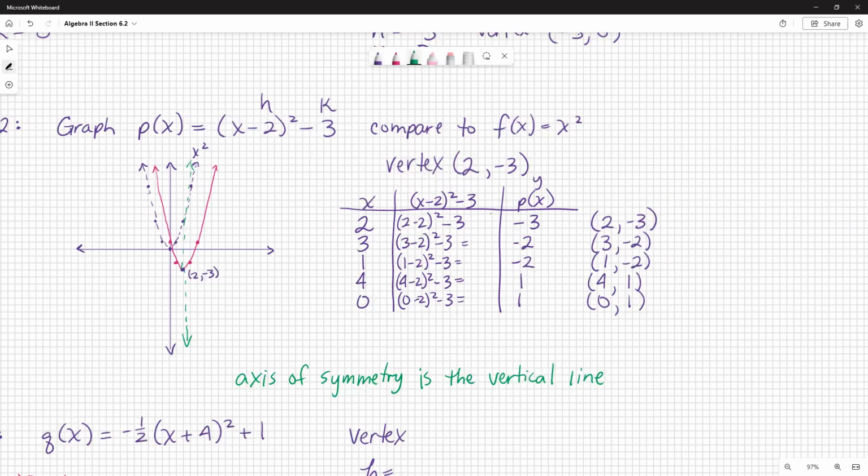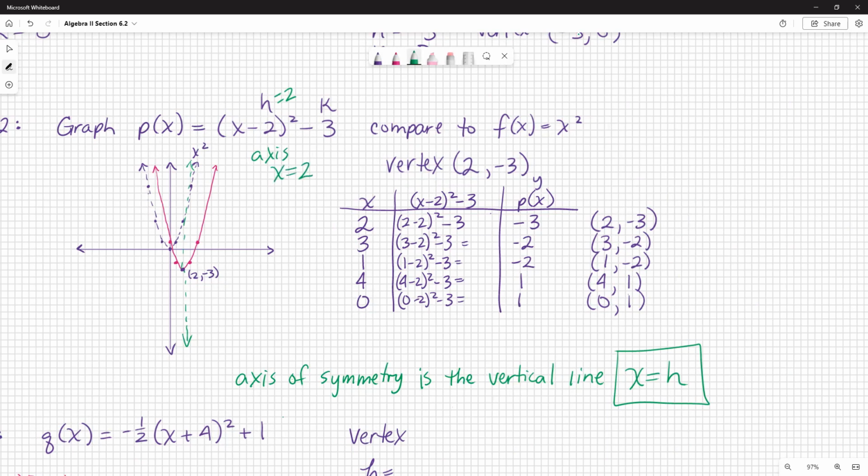The axis of symmetry falls at the vertex, so x equals h. So your axis of symmetry is always going to be x equals h, which in this case, because h equals 2, means our axis of symmetry falls at x equals 2.